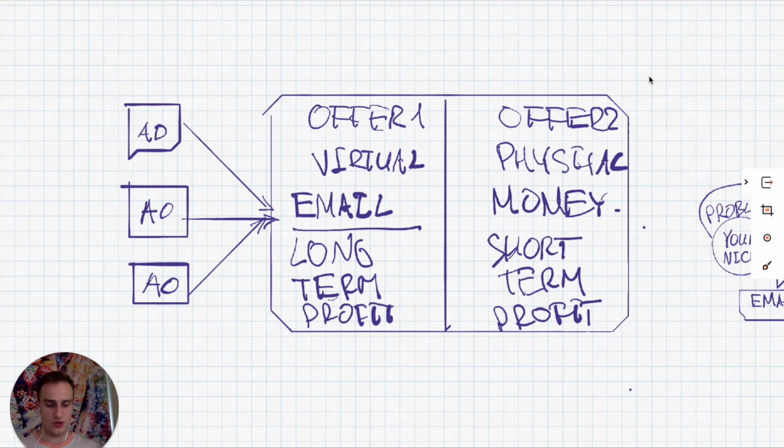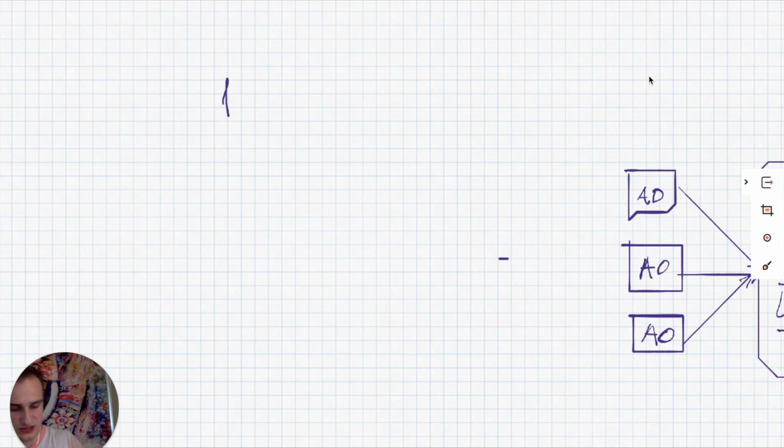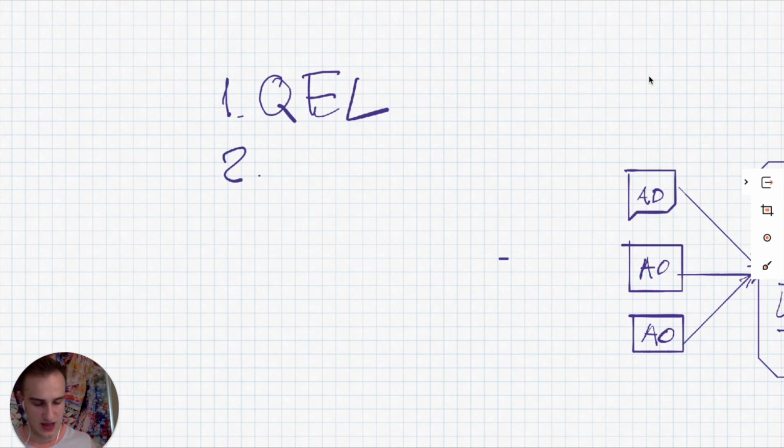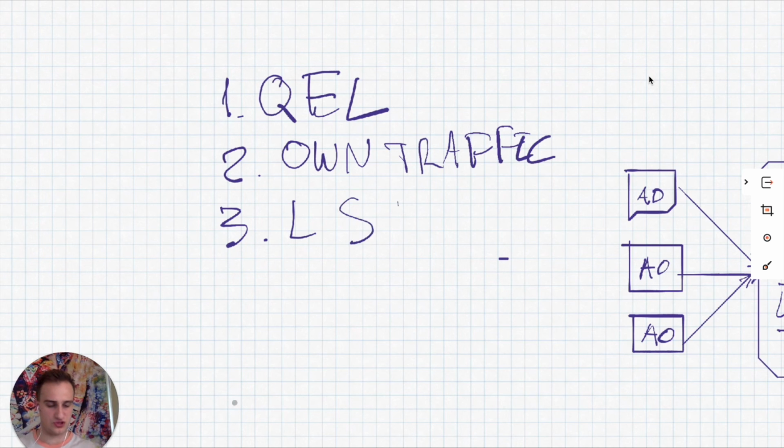So you get all of these benefits, like a qualified email list, right? You have owned traffic and long and short-term profit. I will type it like this, an abbreviation, long short-term profit, okay?